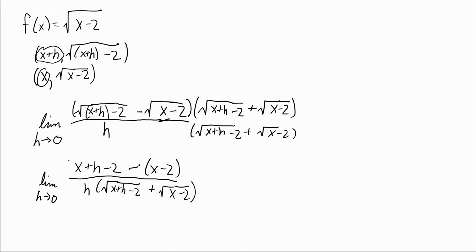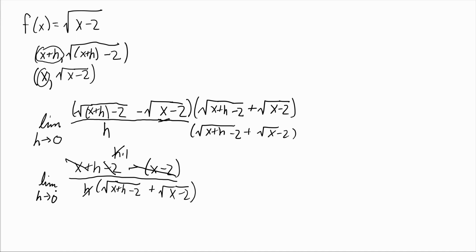You had an x minus 2, but you're subtracting it out. When you distribute this negative, it'd be x minus x and negative 2 plus 2. Really, all those guys are gone. So you only have an h on the top, an h times 1, which when we divide out both top and bottom by h, we'll be left with the 1 on the top.